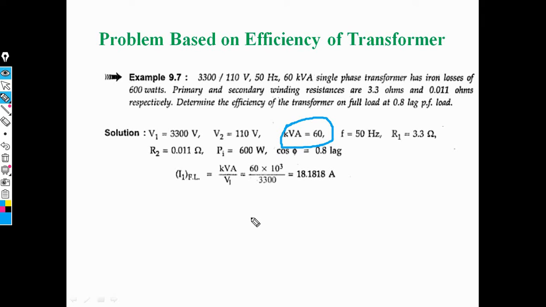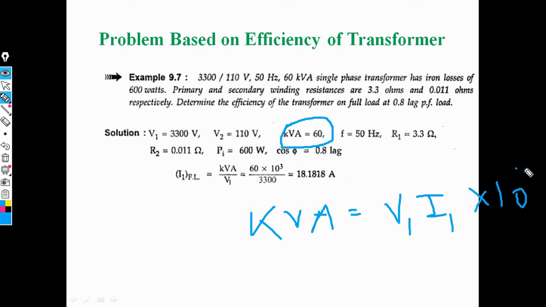Then we need the formula for kVA. kVA is equal to, considering the primary winding, V1 into I1, and kilo means 10 raised to 3, so multiply by 10 raised to 3.